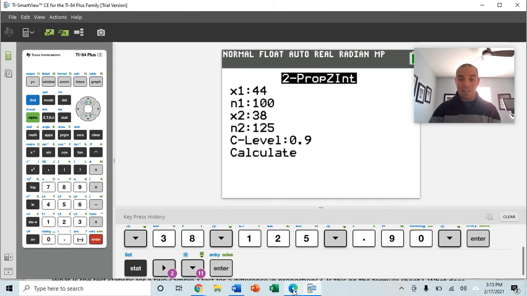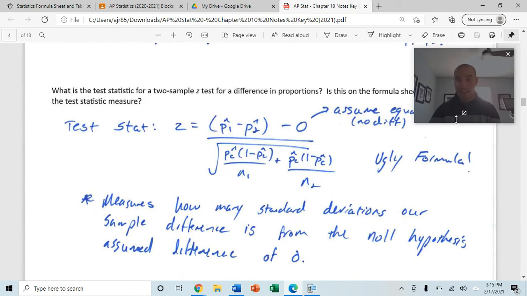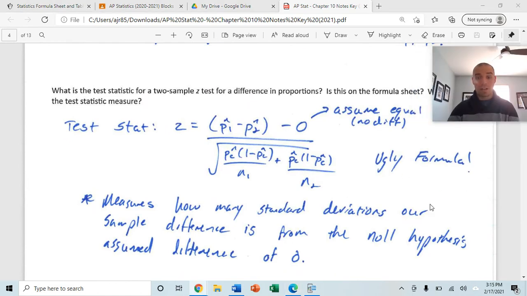The reason I'm showing you this is in the very, very unlikely chance that you would need to do this by hand, which is a really ugly formula that I don't recommend. Your test statistic to find that Z by hand says take my statistic, which is the difference of the sample proportions, minus the hypothesized value, which is 0, because we're assuming there's no difference, over the standard error.